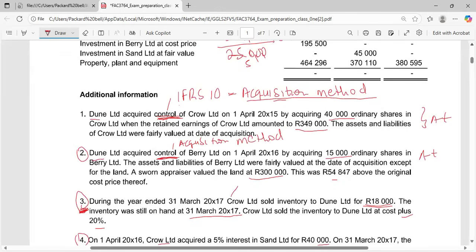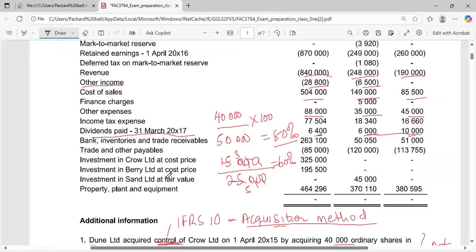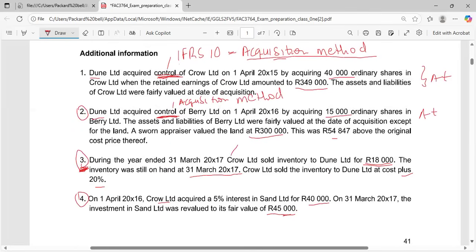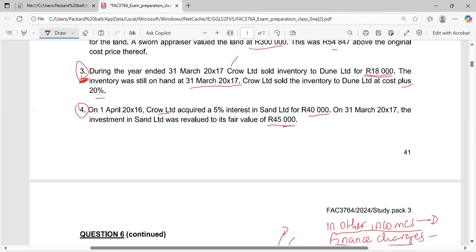Okay. Finance charges, we only have 5,000. So you start with what is in the trial balance, then you look at what needs to be eliminated. I think that other 5,000 must be eliminated.